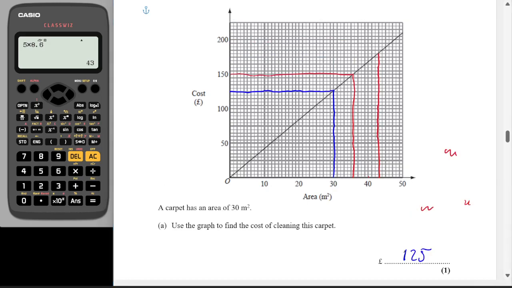And then across. Okay, so that is looking pretty much halfway between 100 and 200, actually slightly above. So I'm going to go 180.